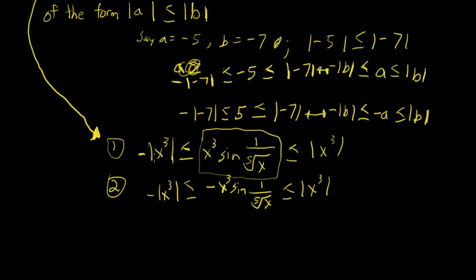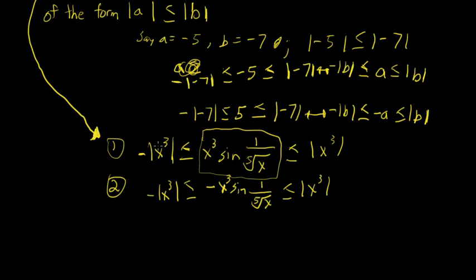How do we use the squeeze theorem here? Well, if we show that the limits of these two outside functions are 0 as x approaches 0, then we can conclude that the limit of this function, x cubed sine of 1 over the 5th root of x, is 0 as x approaches 0. So that's what we're going to do.